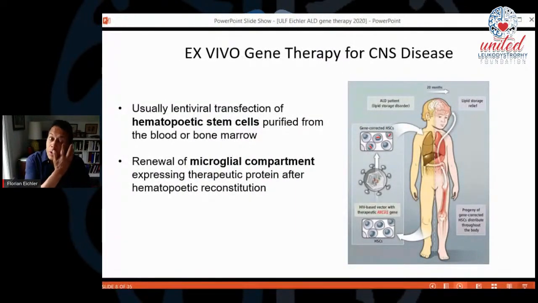Ex vivo gene therapy, on the other hand, usually uses hematopoietic stem cells that are transfected with a lentiviral vector. And these cells usually populate the mononuclear phagocytic cell lineage. These are usually monocytes that will travel up into the brain and renew the microglial compartment expressing normal protein.